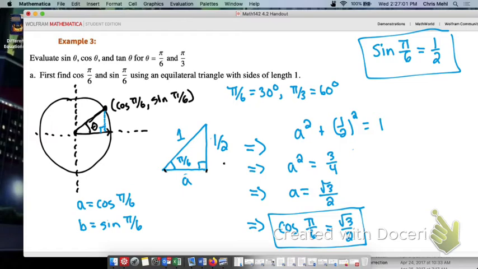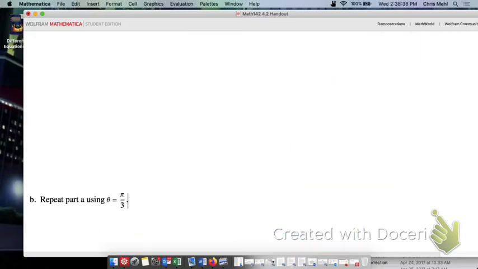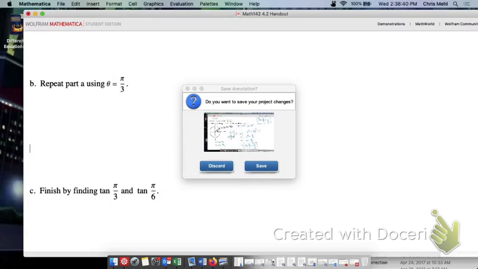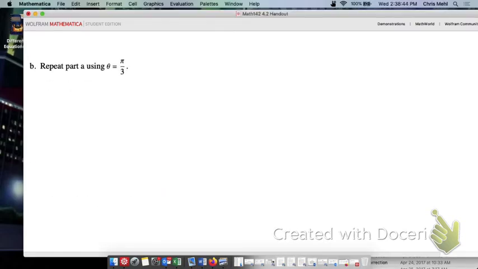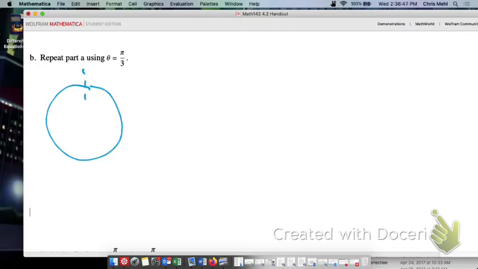Okay, so now we've already done a lot of this work. So I'm going to come down to part B, and I'm just going to repeat part A using pi over 3, and I'll use the equilateral triangle thing again. So now I'll just draw a unit circle. Here's the vertical axis, here's the horizontal axis.